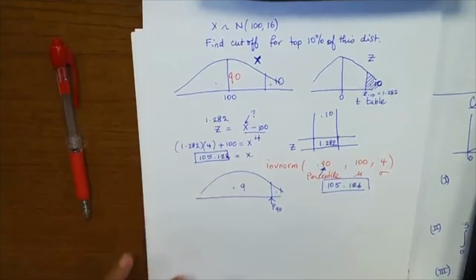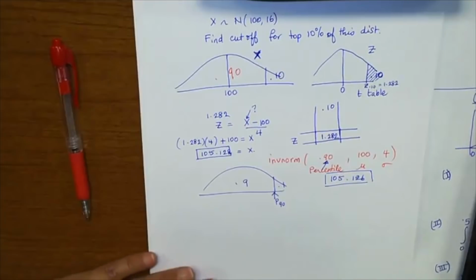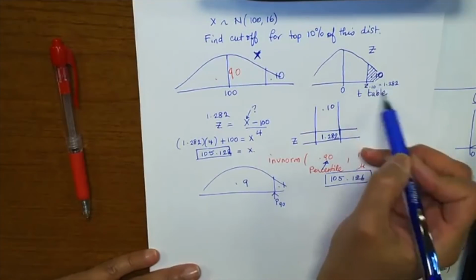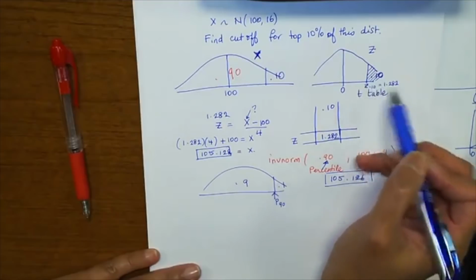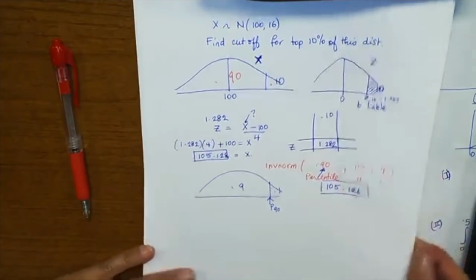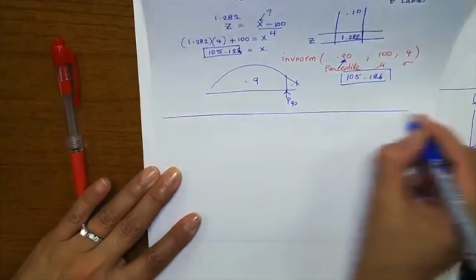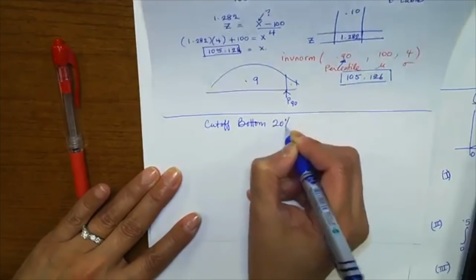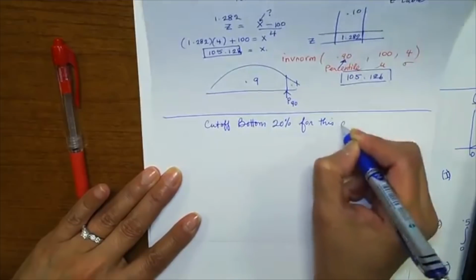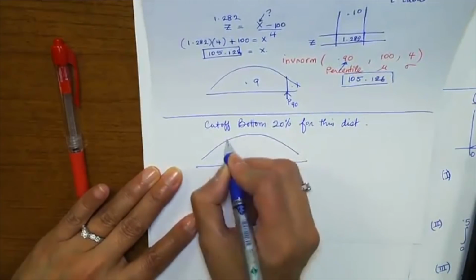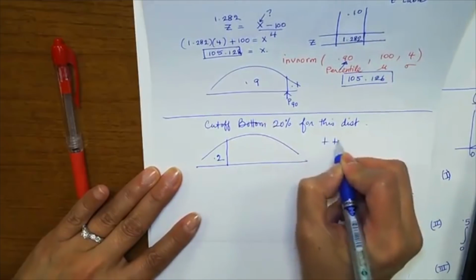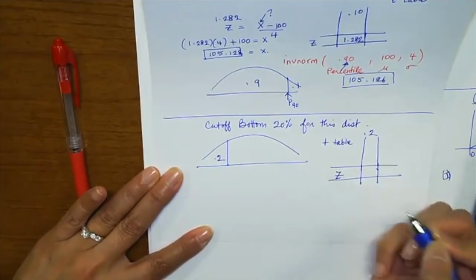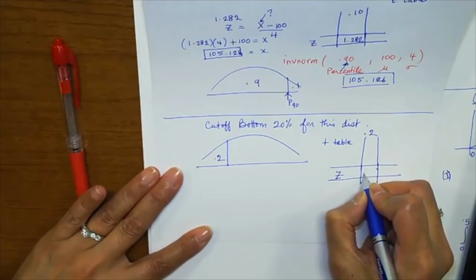Get it? If that was asking for the 10% in the left tail, then I would have had to make this 1.282 negative. Let me do it, okay? Find the cutoff for the bottom 20% for this distribution. So I go to the T table, I look up the 0.2 column and Z. So 0.842 or something?